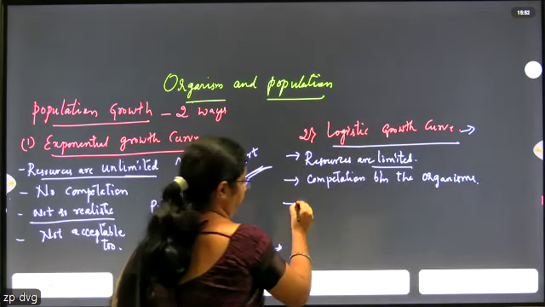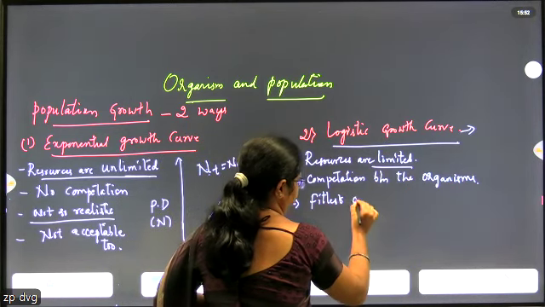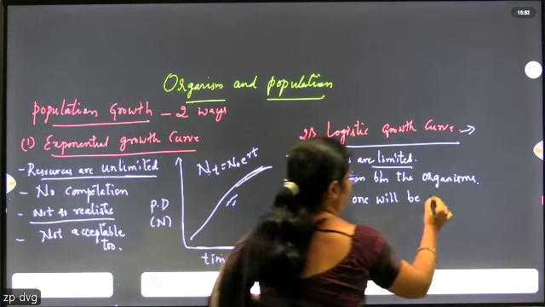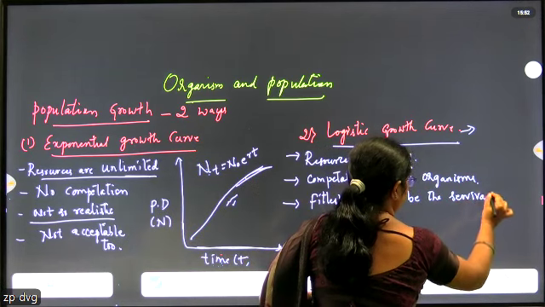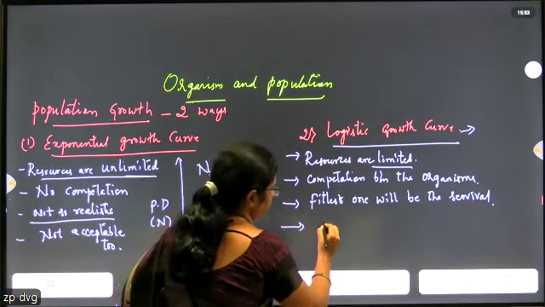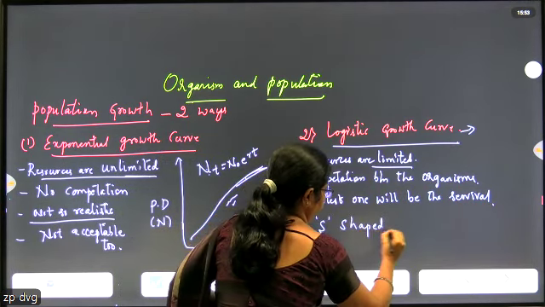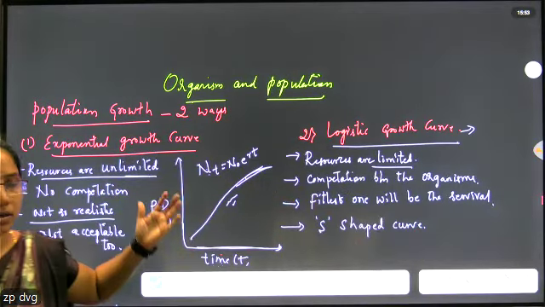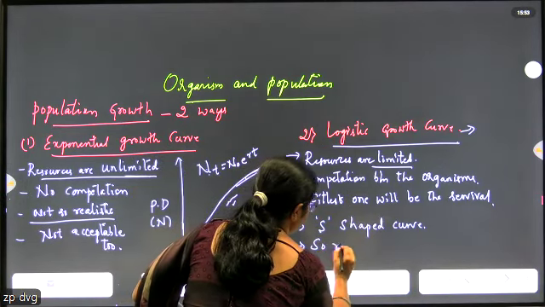Finally, the fittest one will survive. This gives an S-shaped curve. The S-shaped curve is obtained by this logistic growth model, and it is realistic.